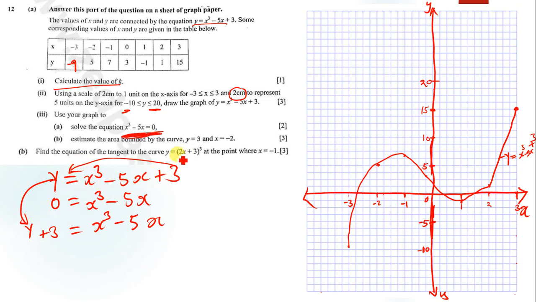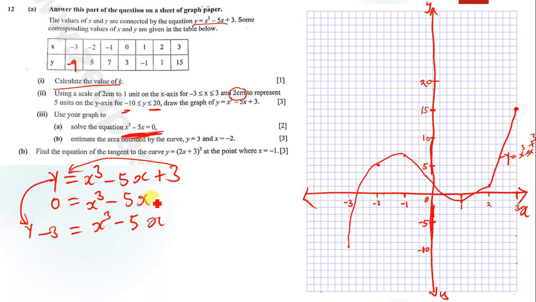So I've just taken 3 to the other side of the equal sign. So if these two parts are equal, it means that these two parts are also what? Equal. Sorry, this one is supposed to be minus 3, since it was positive on the right. When it crosses the equal sign, it's going to be minus. So if this one and that one are equal, it means that this one and that one will also be equal.